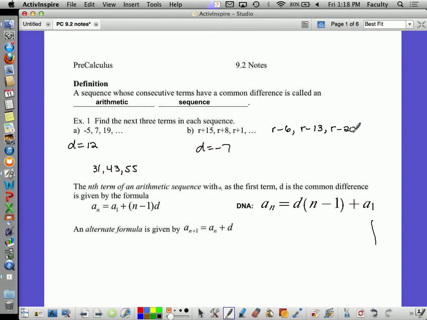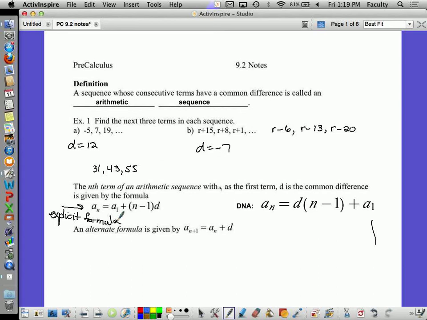An alternate form is a sub n plus 1 equals a sub n plus d. Let me go back up here. This one is referred to as an explicit formula. And what you mean by that is that I can find the 100th term, I can find the millionth term, and I don't have to find all the ones in front of it.